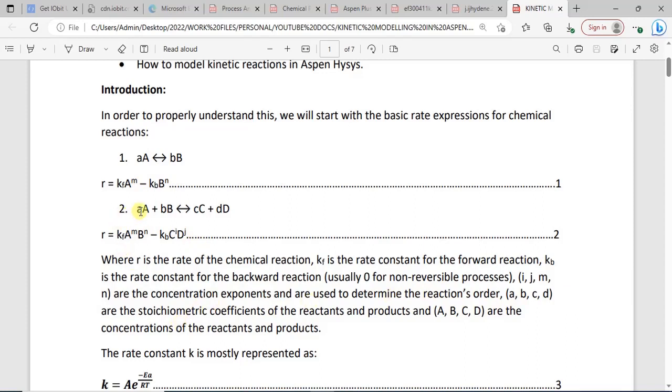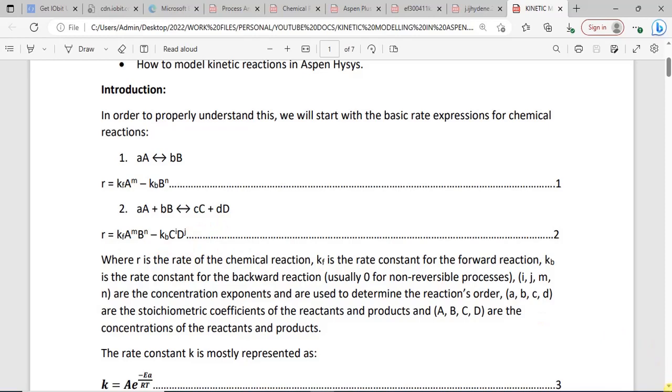The small a, b, c and d are the stoichiometric coefficients of the reactants and products respectively. That is the introduction, and this is the rate expression for the two reactions we are going to be studying.